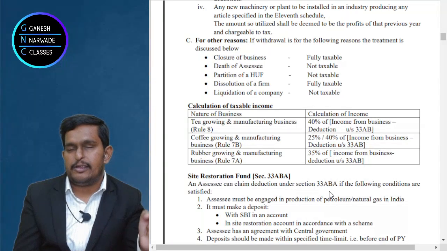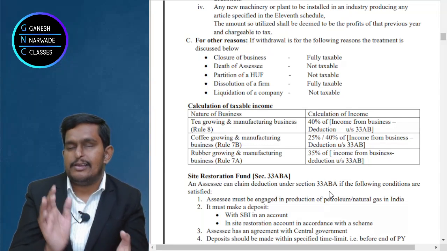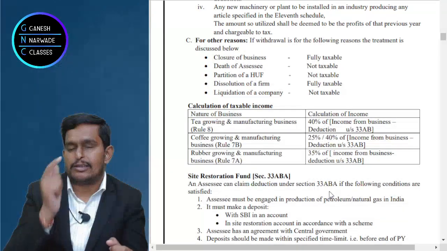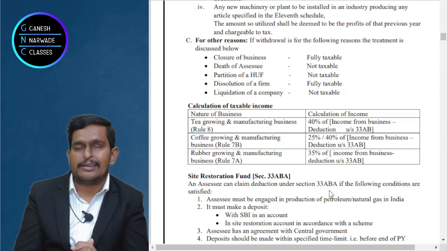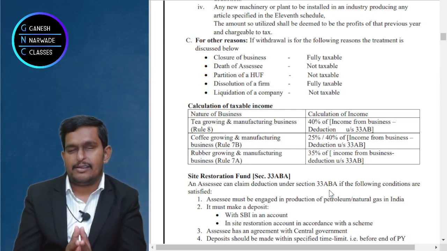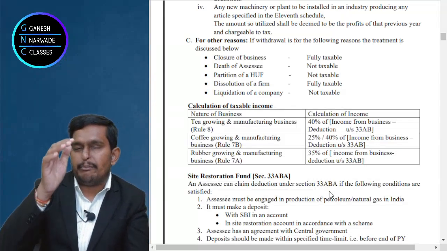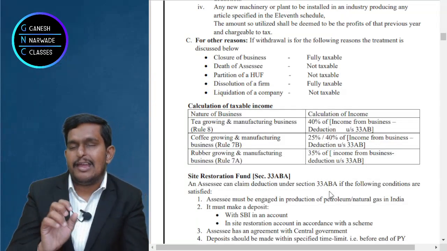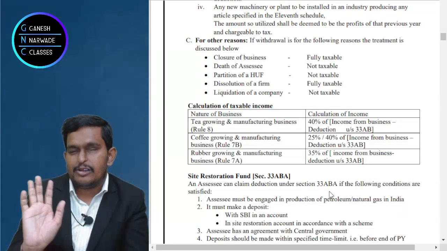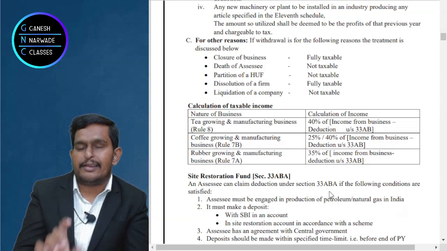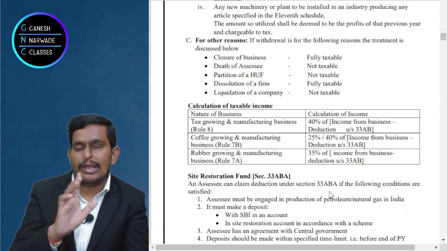In case of coffee grown, cured, roasted, ground, with or without chicory, 60% agriculture, 40% business. In case of rubber, 35% business, 65% agriculture. We know all these things. So what we are doing is taking business income, deducting 33AB and multiplying with business percentage. That's it, to get the business income. Clear? So when you do numericals on this, do like this.